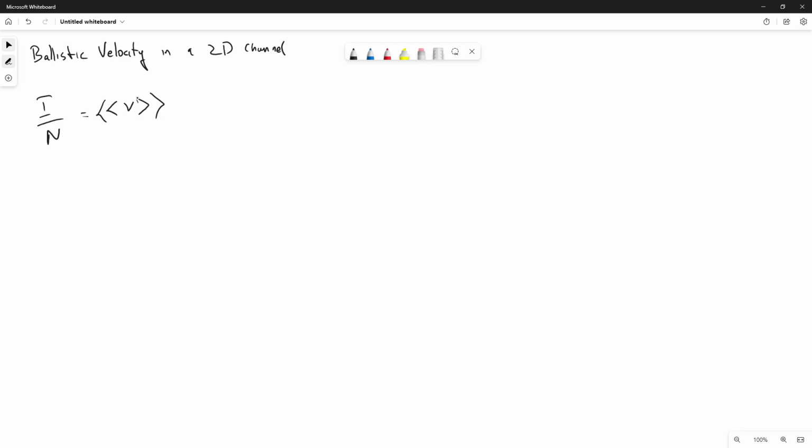And of course, this is in the positive x direction because I am only concerned with the drain source current. Now, again, let us not go into calculations. I know for a 2D channel, I is proportional to what? Correct? And n is proportional to what?